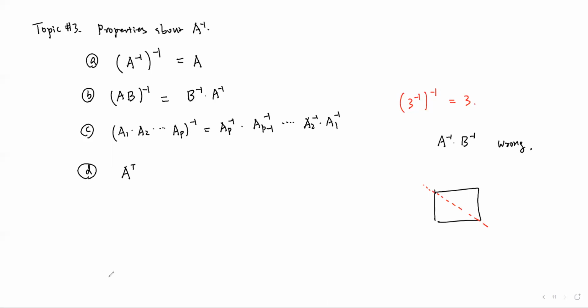Take the transpose of matrix A, where A is square, then take the inverse. It turns out that it is equal to taking the inverse of A, then taking the transpose.